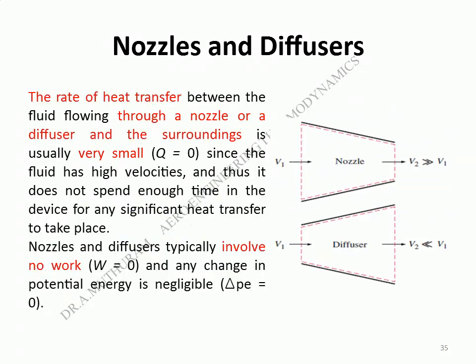The rate of heat transfer between the fluid flowing through a nozzle or a diffuser and the surroundings is usually very small, Q equals 0, since the fluid has high velocities, and thus it does not spend enough time in the device for any significant heat transfer to take place. Nozzles and diffusers typically involve no work, W equals 0, and any change in potential energy is negligible, ΔPE equals 0.